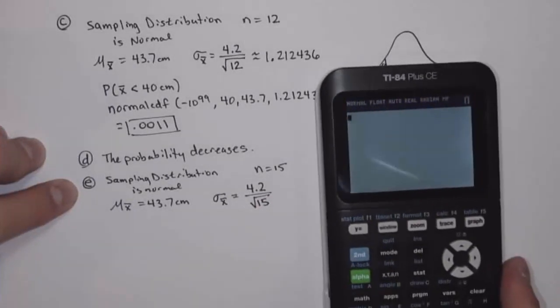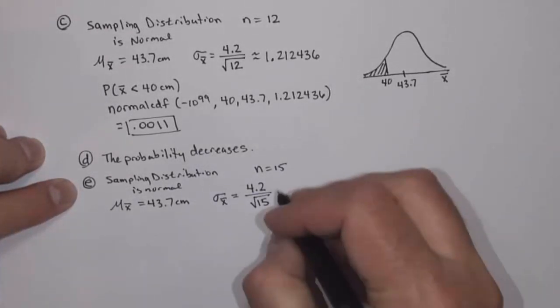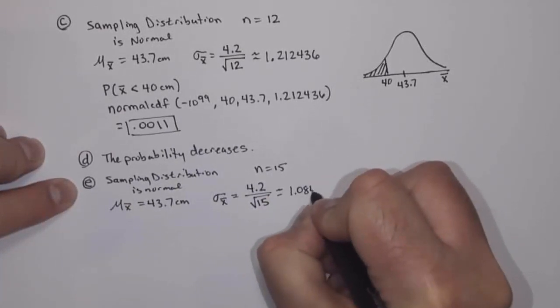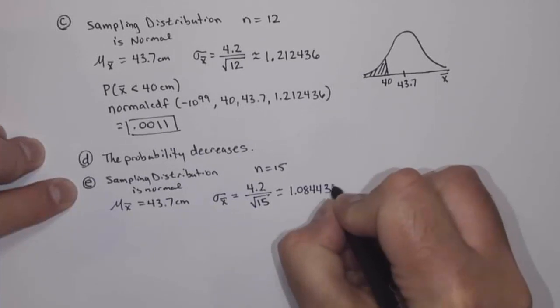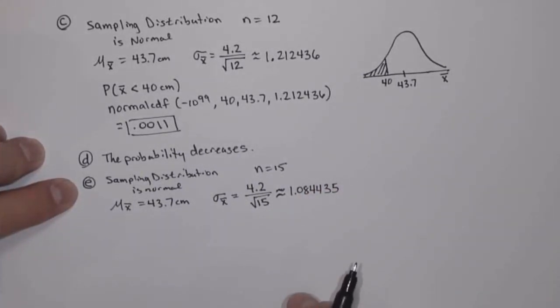So if I pull in my calculator, 4.2 divided by the square root of 15, that is 1.084435. Again, I'm carrying that out several places so that rounding doesn't present us a problem.